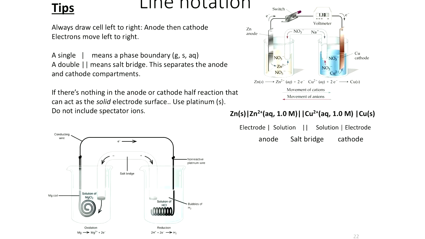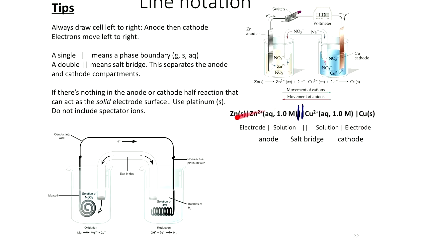We put a single line to mean a phase boundary. So here we have zinc solid, that is our anode electrode. We put a phase boundary to mean that zinc is in contact with zinc 2 plus, which is also present in your anode compartment. Then to separate to your cathode compartment, we put a double line. This double line means salt bridge. We're connecting our cathode to our anode, and then you kind of do it backwards. You put copper 2 plus, that is the solution in contact with your electrode, in this case copper.